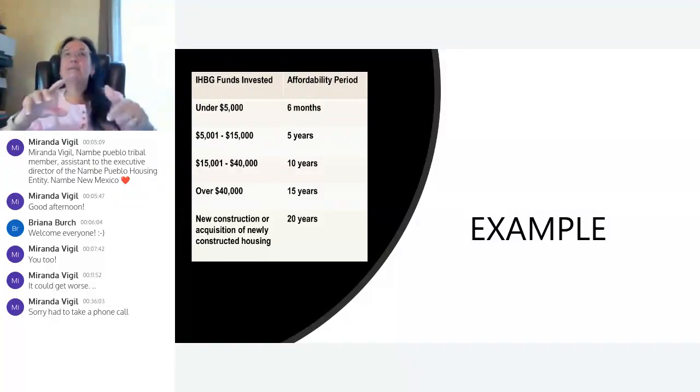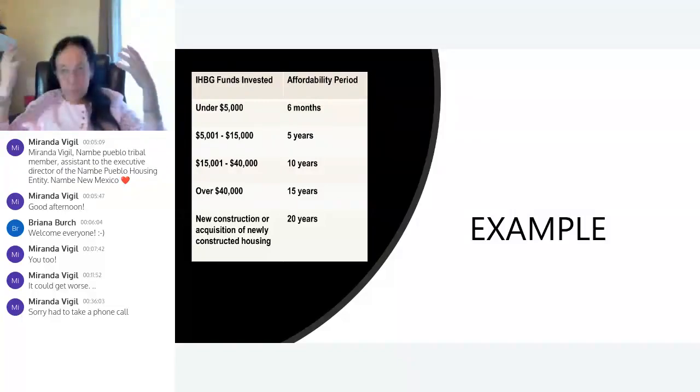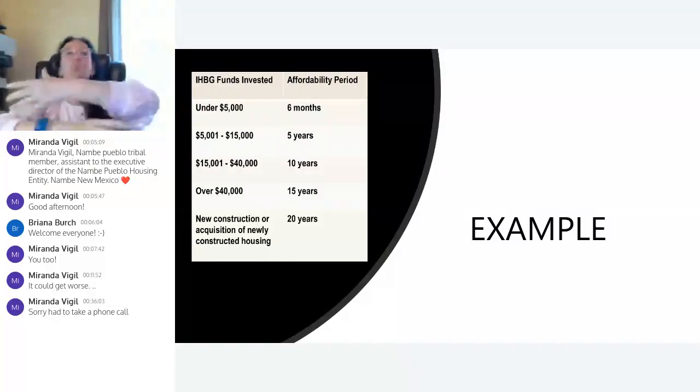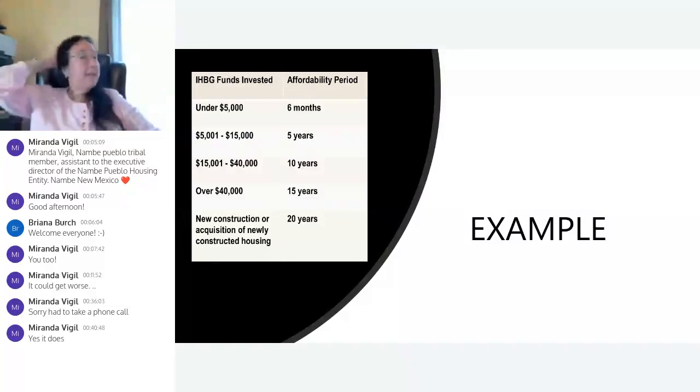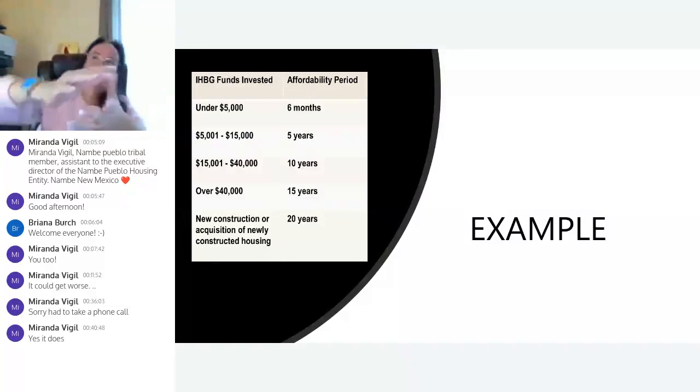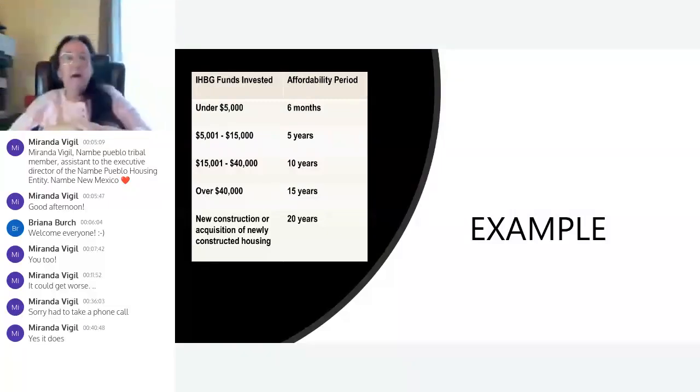And in parts of the country where they have really high income, like in Massachusetts and those areas. I imagine Santa Fe has got some pretty high amounts out that way. So your Pueblos, depending, could probably crank those up a little bit. But this is the one that is most commonly used.